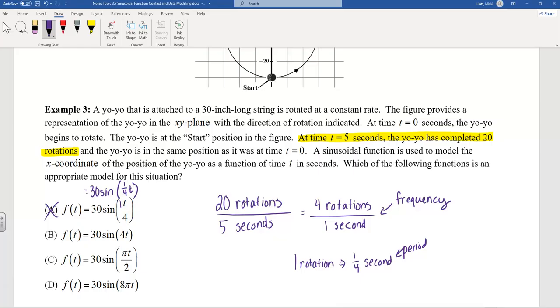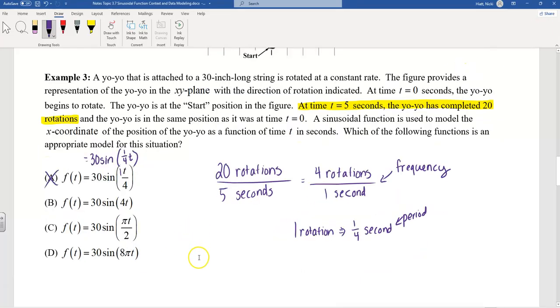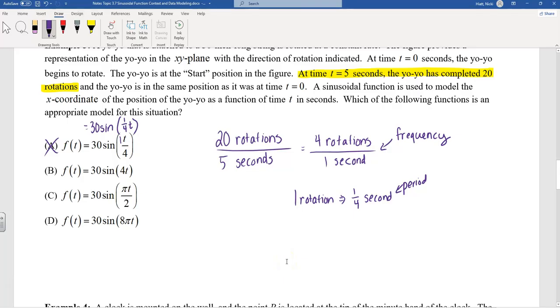So probably what I would do for these is I would just check each one of them, or you can find the B value. It can work either way. But to find the period, you do 2 pi over B, right? So B right here is 4, so you do 2 pi over 4. That is going to give you pi over 2. Is that what we want for our period? No, we want 1/4. Not it.